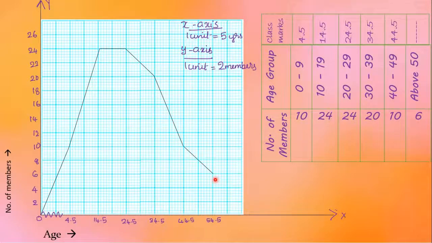Let's draw like this. Yes, here it is the point 6. Then we have to finish this graph, right? To finish the frequency polygon, choose any point on the x-axis which is above 50. Let's draw like this. So here is the frequency polygon of members corresponding to the age group.